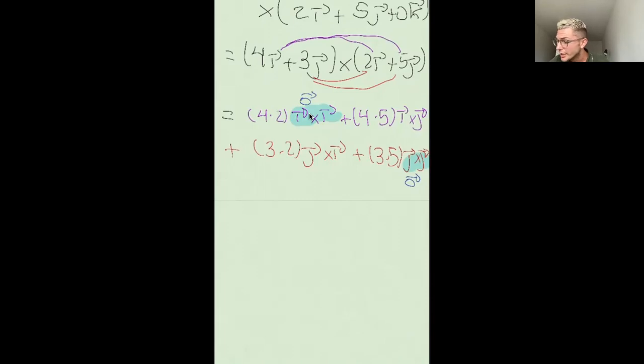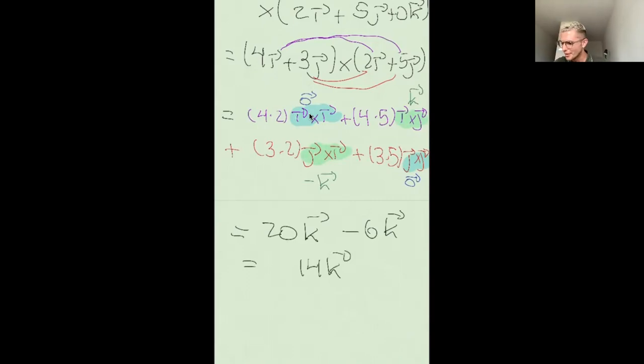What is I cross J? K, right? And what is the vector J cross I? Negative K, good. So one ends up with 4 times 5, which is 20K, minus 6K, and this is 14K.